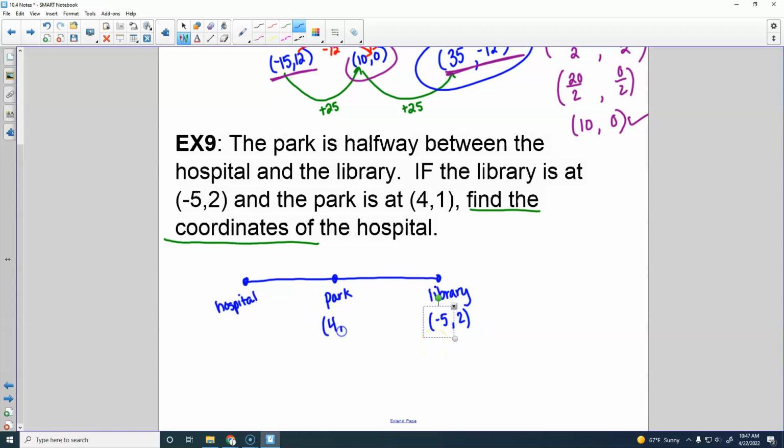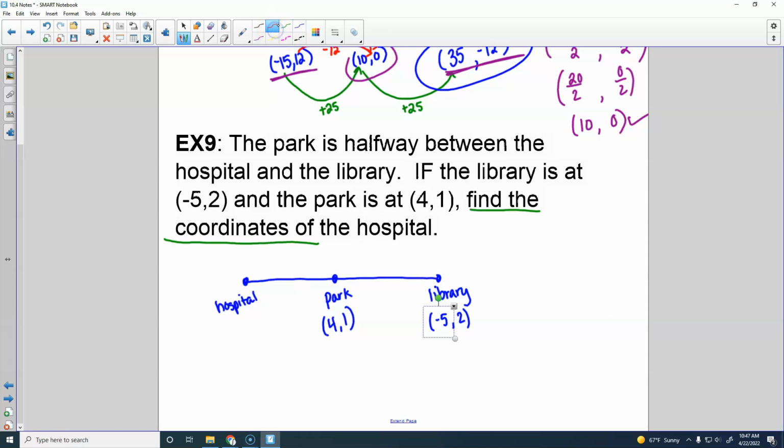Park is at 4, 1. So are we finding a midpoint, or are we finding the missing endpoint? Missing endpoint. So it's really important to draw your picture for this, or you'll do the wrong thing. Sometimes it might be worded this way, but they give you hospital and library, so you are finding the midpoint. Sometimes it's the endpoint that you're looking for.